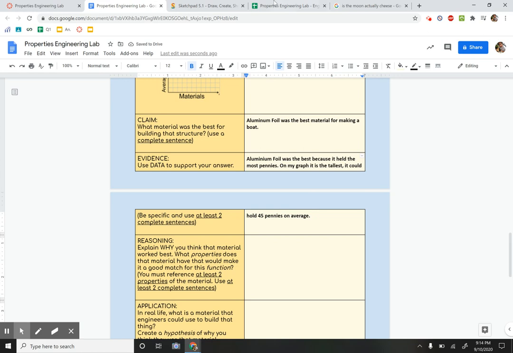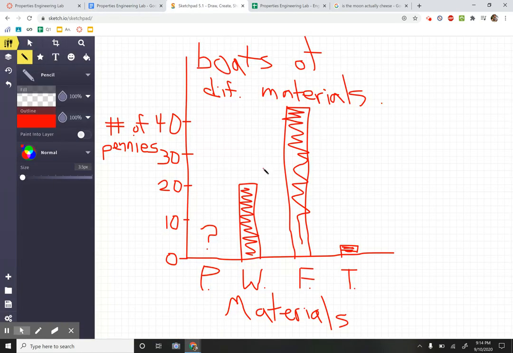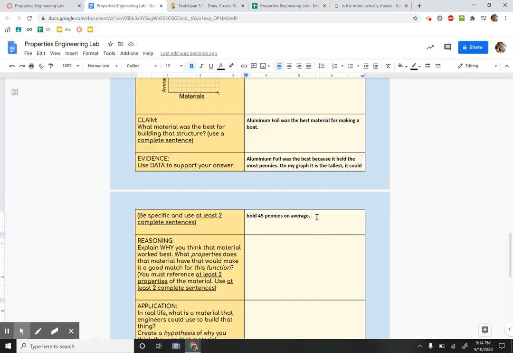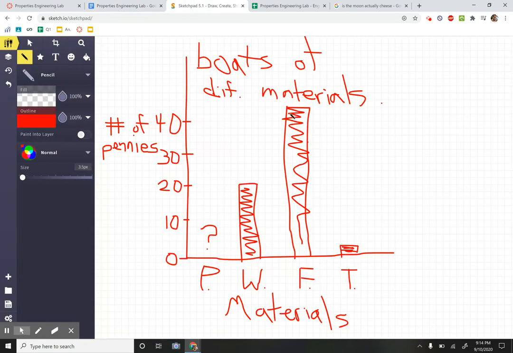Okay, so I directly used evidence from my graph. If you just say, well, because it held the most, that is not evidence. You're just basically repeating what was up here. What makes this evidence is that I'm referencing my graph and I'm giving the number from my graph. So I'm using the evidence from the graph.